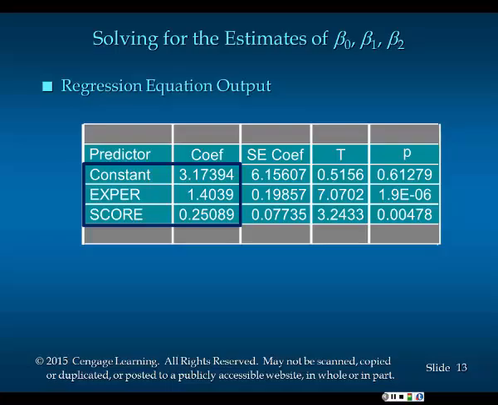Right, so it's really $1,404. An additional year of experience increases your salary by $1,404. An additional point on the aptitude test increases your salary by how much? Yeah, about $250, or $251 if we round up.